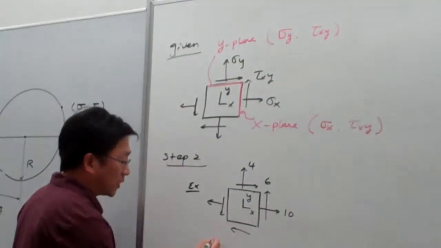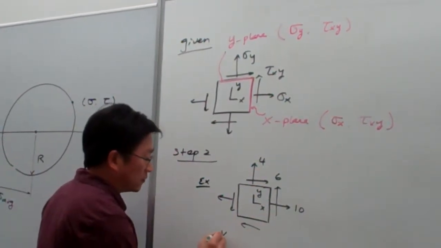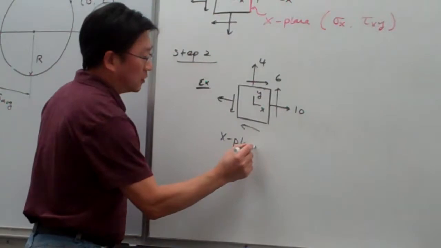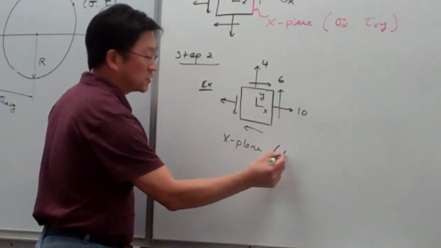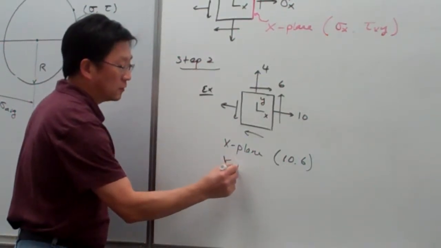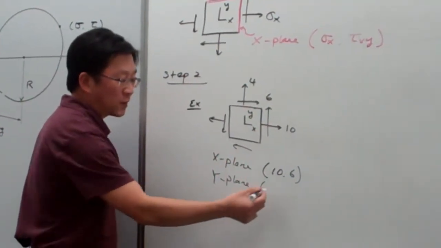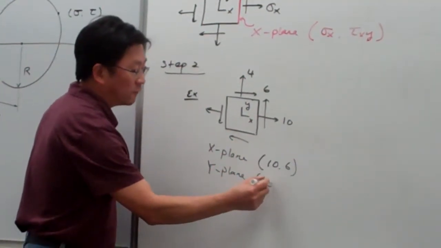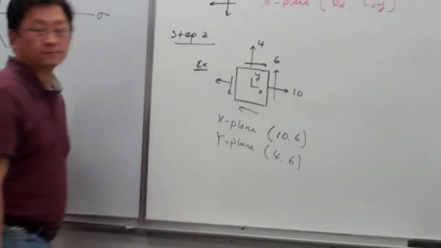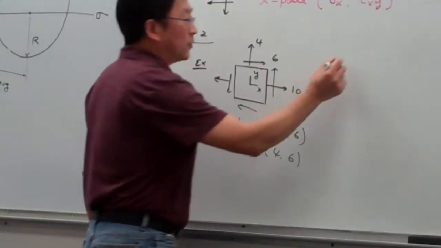So in the x-plane, we have the representation 10 and 6. In the y-plane, the coordinates which are going to be used on the Mohr circle plane are 4 and 6. Very straightforward. Another example is this.